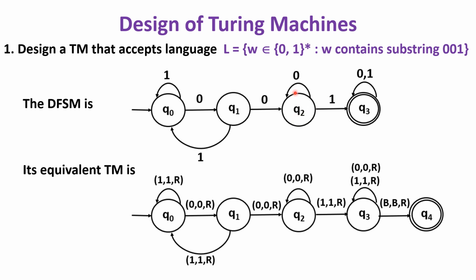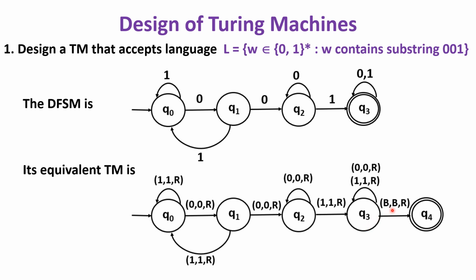Similarly, Q2 0 self loop, Q2 1 goes to Q3. Q3 takes a self loop for 0 and 1. Once the string is over, then Q3 will come across a blank.